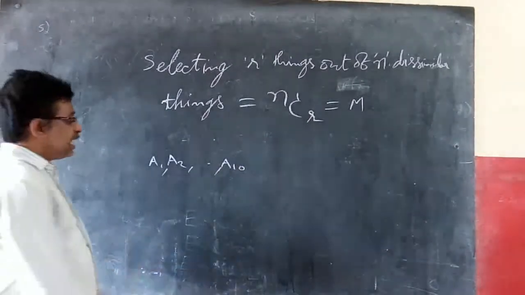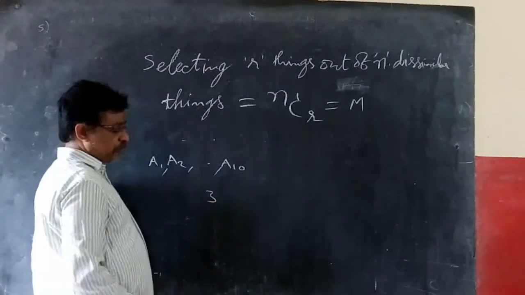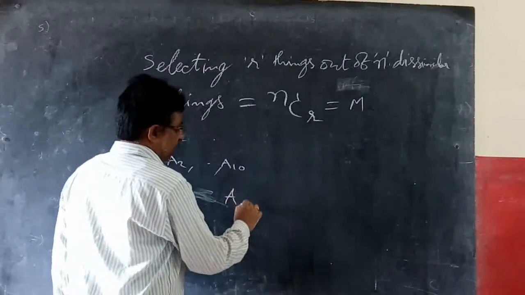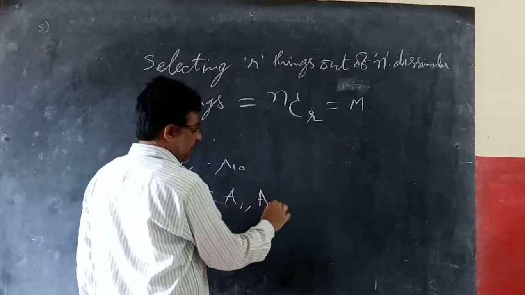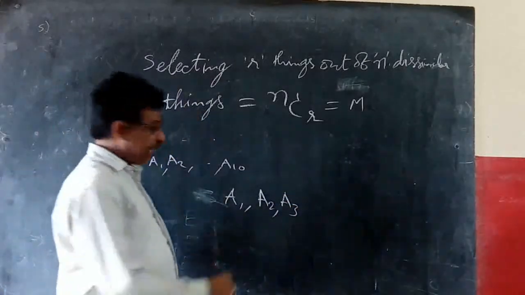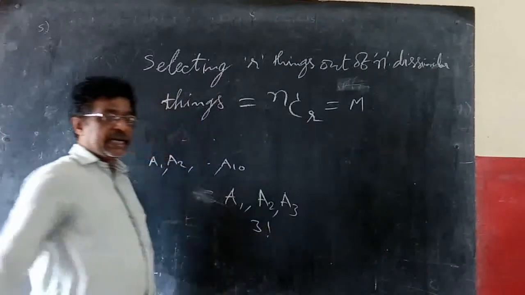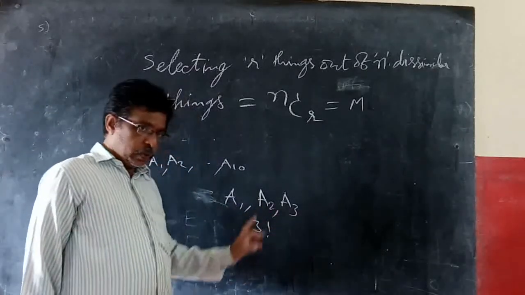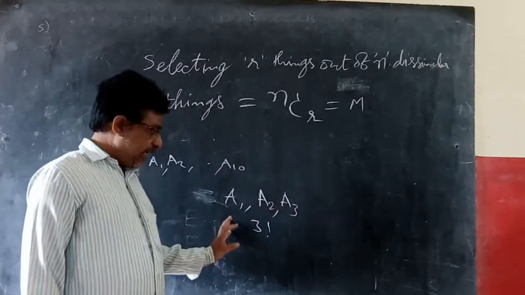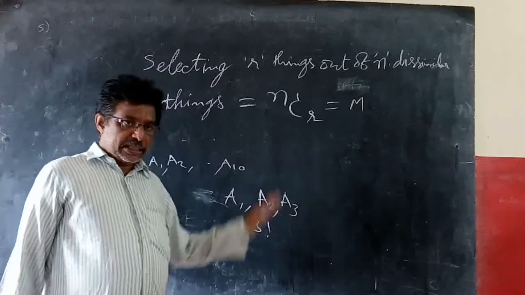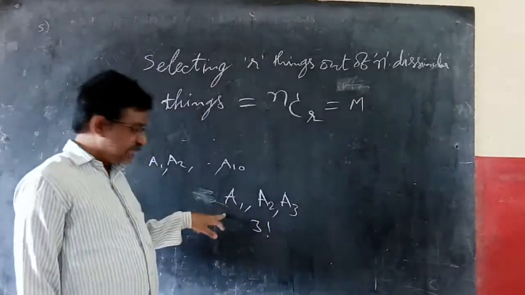I am selecting any 3 people out of 10. Now I want to arrange these 3. I am selecting A1, A2, A3. I can arrange these 3 things in 3 factorial ways: A1 A2 A3, A1 A3 A2, A2 A1 A3, A2 A3 A1, A3 A1 A2, A3 A2 A1. 6 ways.